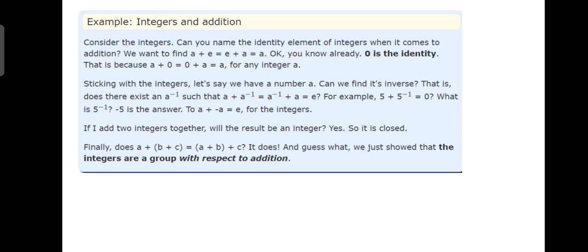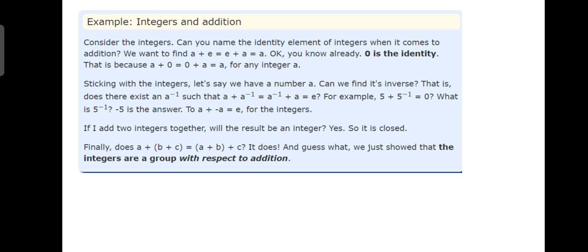Next example is integers with addition. Now let's take the set of integers. What are integers? If we take all the natural numbers with 0 and their negatives, that is our integers. Now we'll show whether it is a group or not. Let's start with our first property, which is closure property.